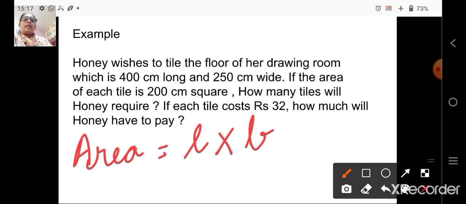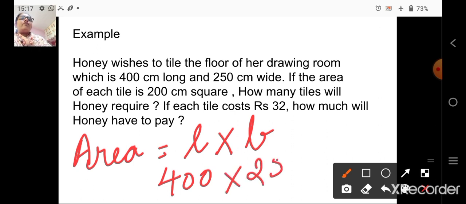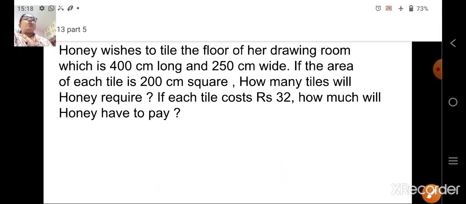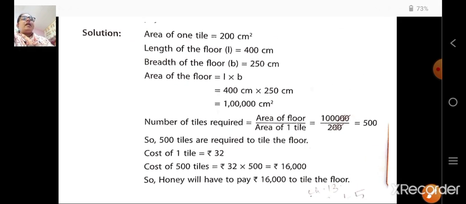The length is 400 centimeter and the breadth is 250 centimeter, so 400 into 250 is around 1 lakh centimeter square. To find how many tiles Honey will require, we divide the area of the floor by the area of one tile.